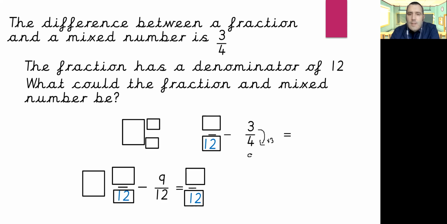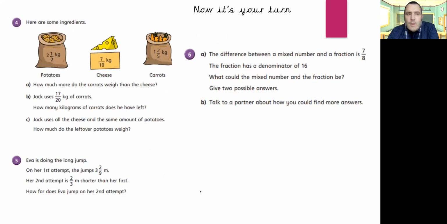This is how we get our 9/12. Now, leaving this, we're going to need an answer over 12 because we're working in 12ths. So 1 5/12, take away 9/12 equals 8/12. So there's our mixed number and our fraction to give us an answer of a fraction.